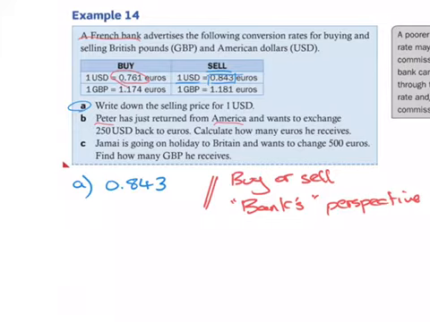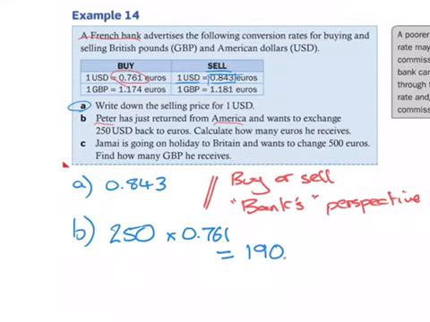So let's answer part B. We've got 250, which is going to be multiplied by 0.761, and that comes out, when you plug it into your calculator, at 190.25 euros.